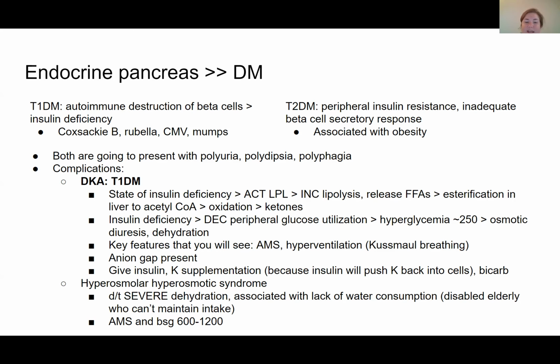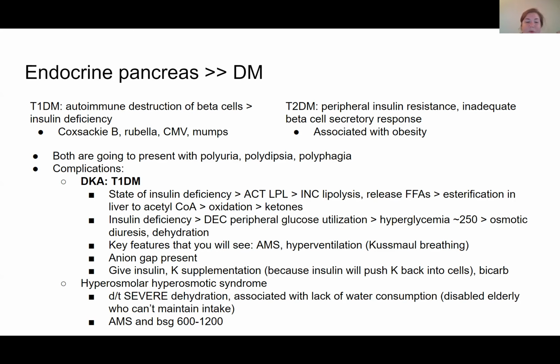The Kussmaul breathing, they'll probably define it as Kussmaul breathing for you in the vignette. But that is a very characteristic respiratory pattern with DKA. And then anion gap is present, of course.